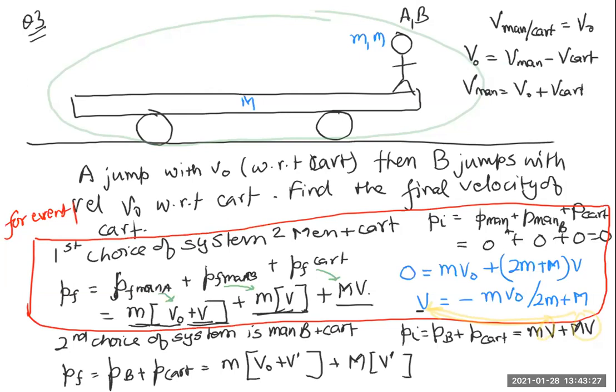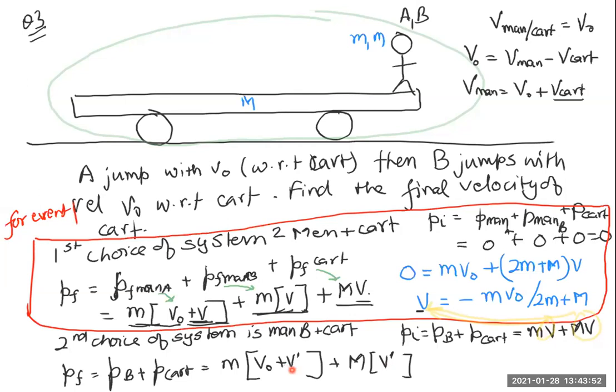In the first case, the final velocity of the cart was v, therefore I had a v here. In the second case, after the second person jumps, velocity of the cart has changed. It has become v dash.